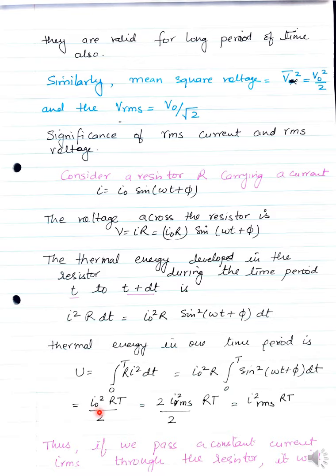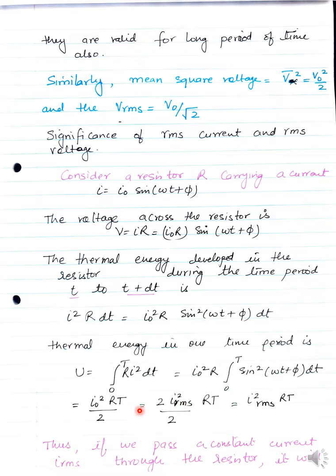So what will remain is I naught squared R T divided by 2. I naught squared R is already there. T comes from the solution of this integration, and 2 also comes from the solution of this integration.